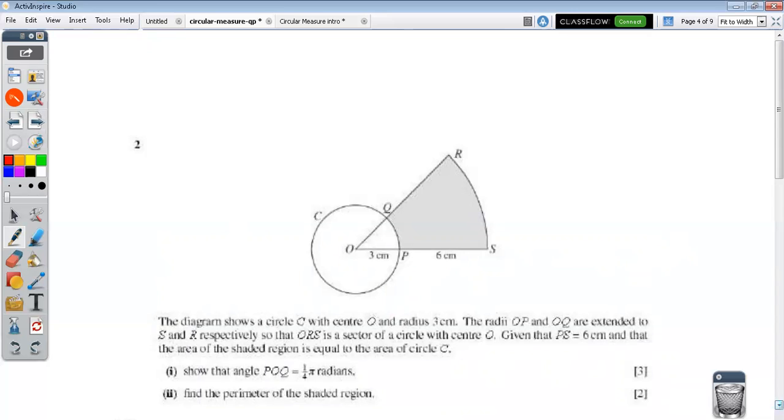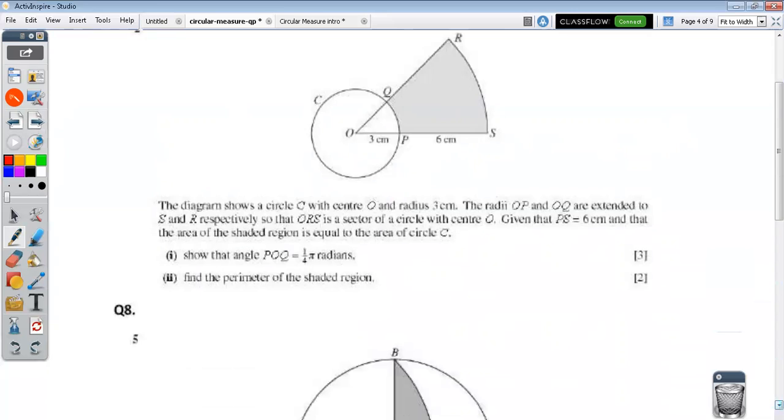Now we've got another one. It's just the same concept. Now the diagram shows you a circle with center O and radius 3 centimeters.